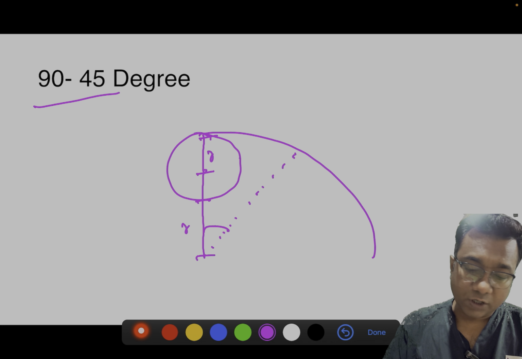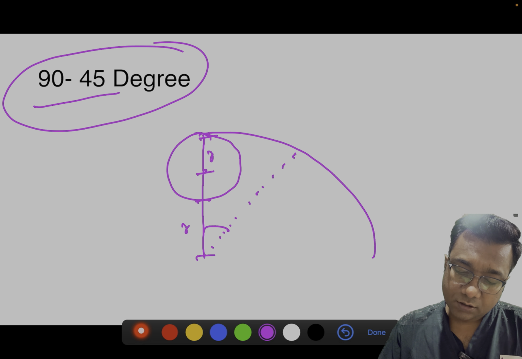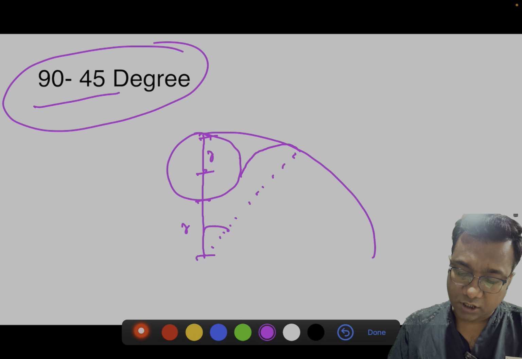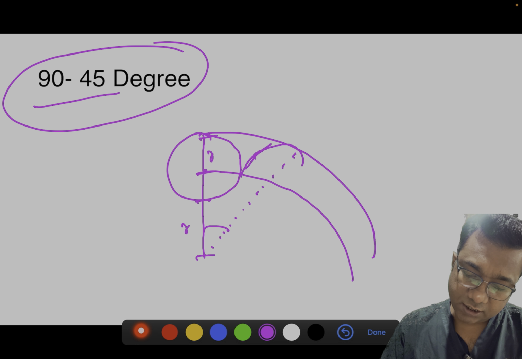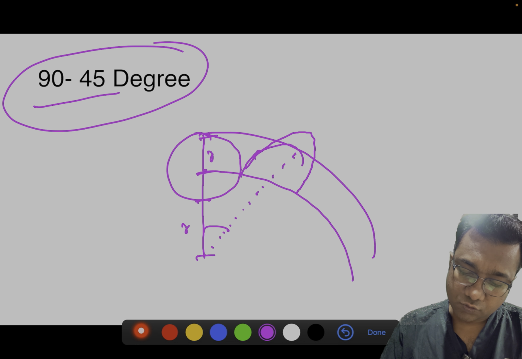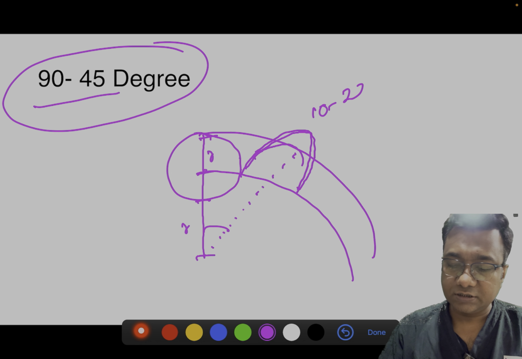Now this is one modification. Another modification is that we can enlarge L1 towards the outer circle to the tune of 10 to 20%. This is allowed.